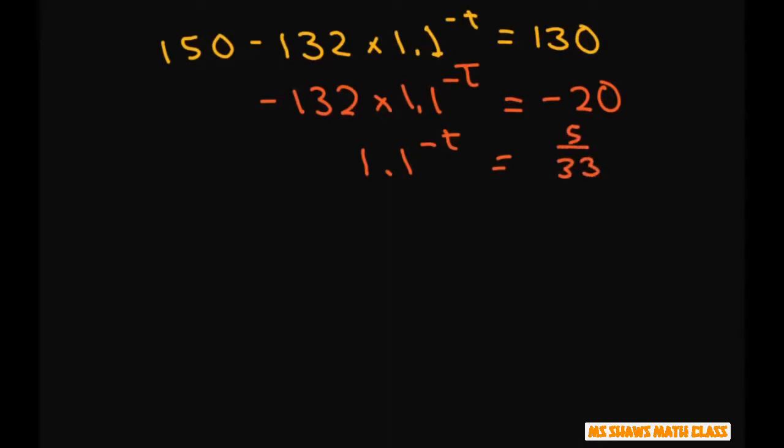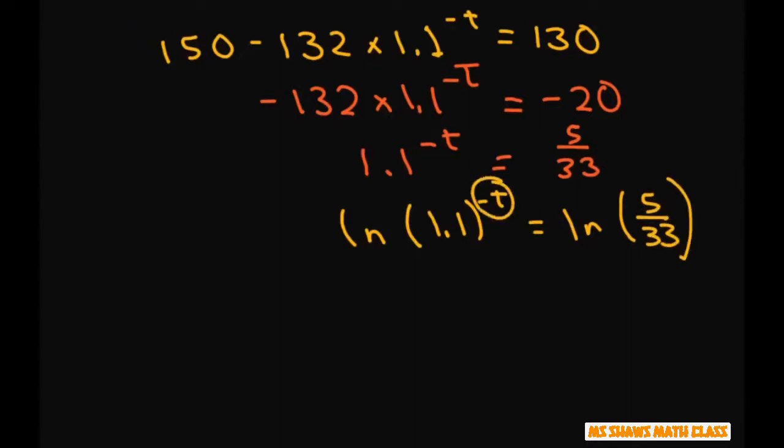Now we're going to take ln of both sides. Or you can do the log as well. And we're doing that so we can move this exponent out front here. So you get negative t times ln of 1.1 equals ln of 5 divided by 33.